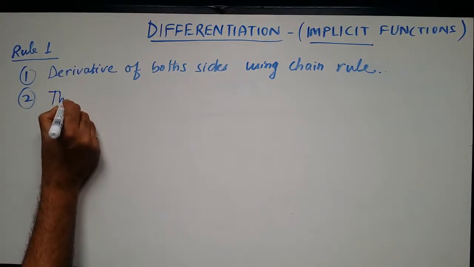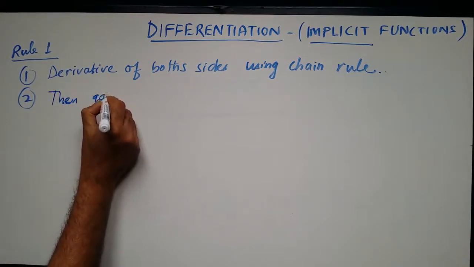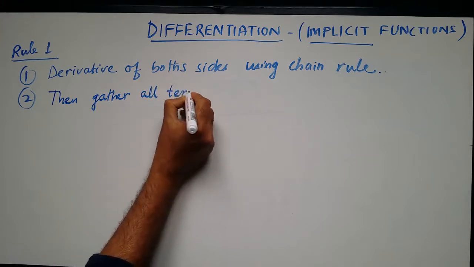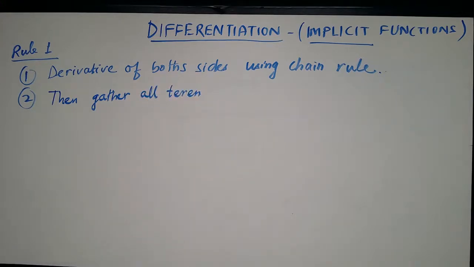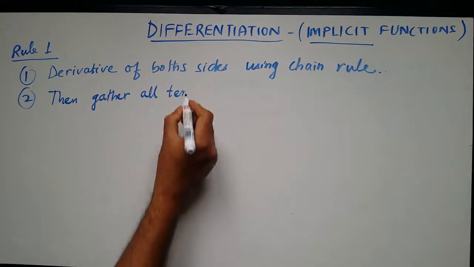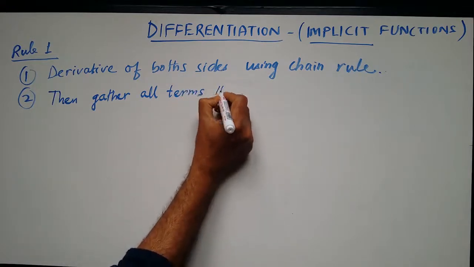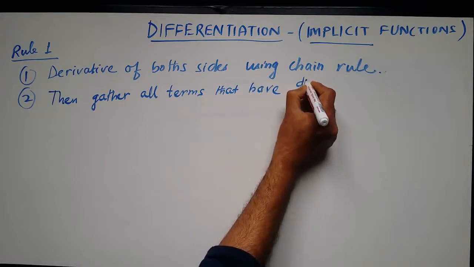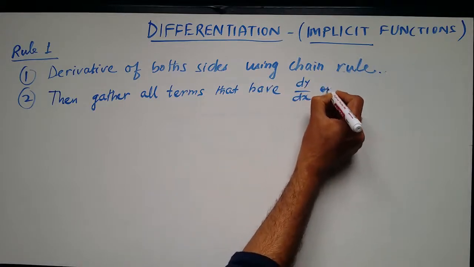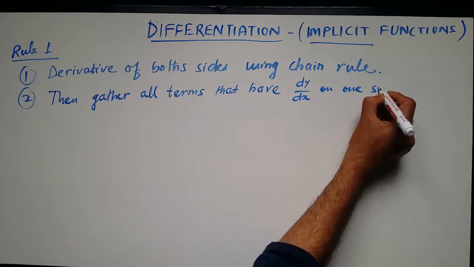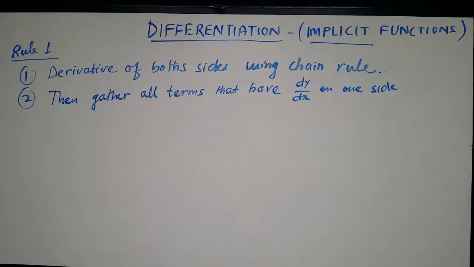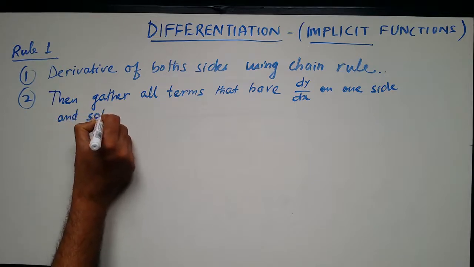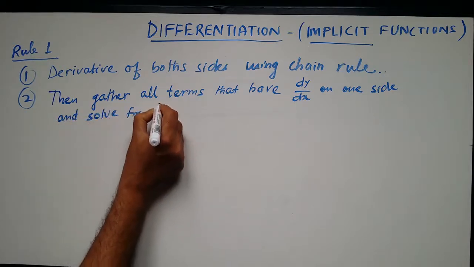Then gather all terms that have dy by dx on one side and solve for dy by dx.